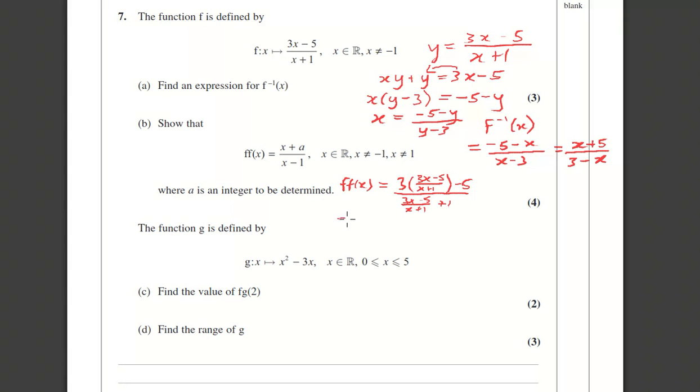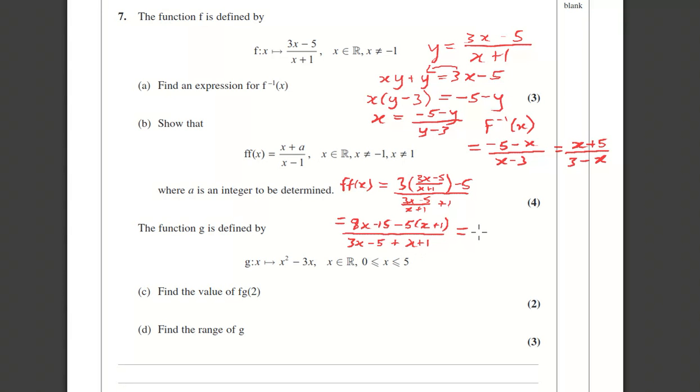Now, I think the quickest way to get to the answer here would be to multiply the top and bottom of this horrible looking fraction within a fraction by x plus 1. That way we get rid of the fractions within fractions straight away. Let's multiply out the bracket at the top as well. So we get 9x minus 15 minus 5 times (x plus 1), all over 3x minus 5 plus x plus 1.